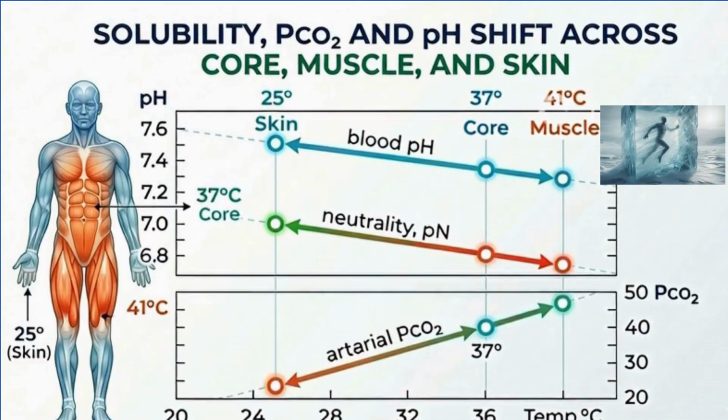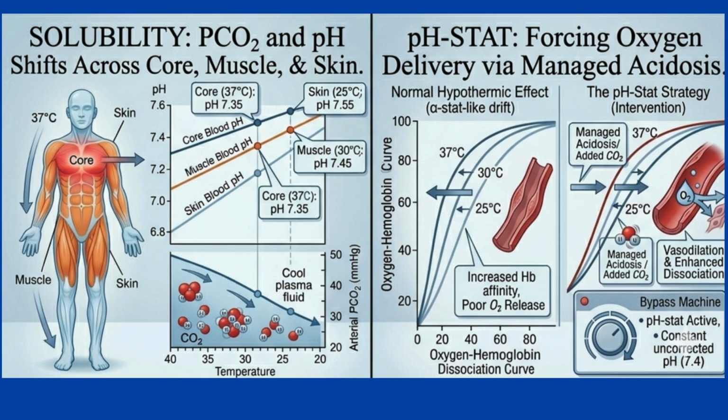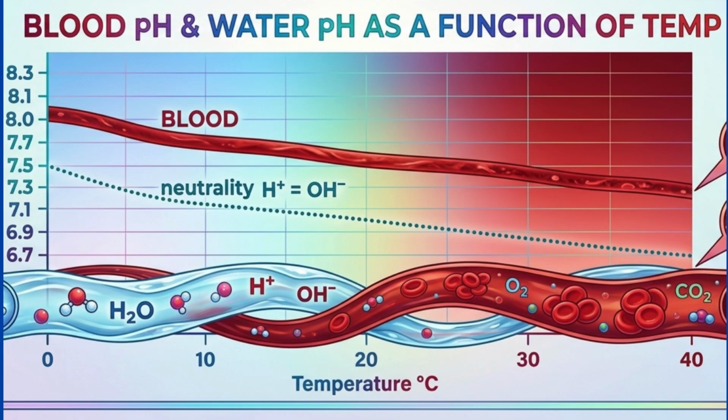Let's see what happens in a real patient. Different regions of the body exist at different temperatures. Cold peripheral tissue may be significantly colder than the core. As tissue temperature falls, carbon dioxide becomes more soluble. More carbon dioxide dissolves in the blood. The partial pressure of carbon dioxide decreases. At the same time, blood pH rises.